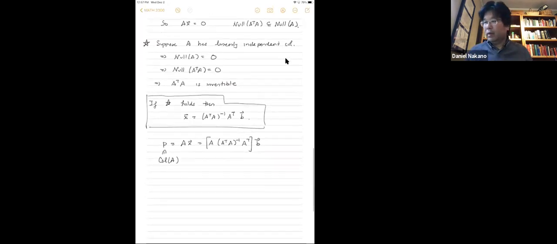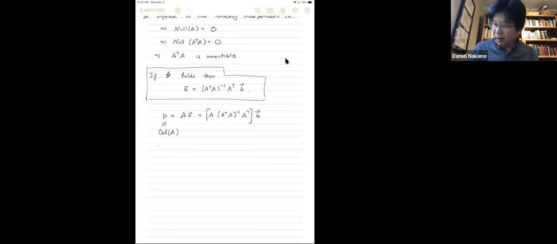Now, you should compare this with the one-dimensional situation of a projection. Remember what the projection formula was. It was basically this formula over here in one dimension.